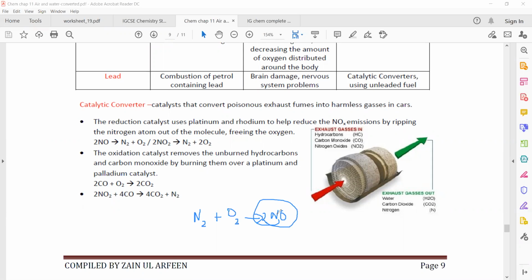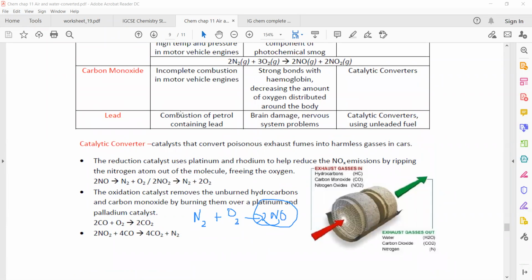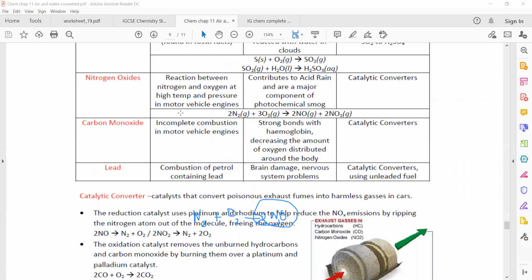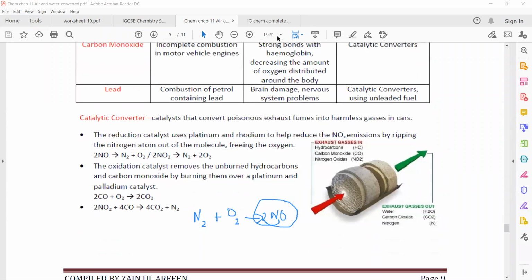This nitrogen monoxide is a brown gas that can also make photochemical smog, leading to smog. Smog is a combination of smoke and fog. As well, nitrogen oxide is a non-metal oxide, so it is an acidic oxide. This can cause acid rain.